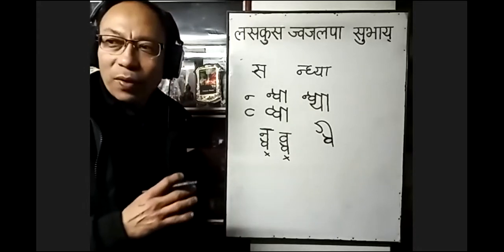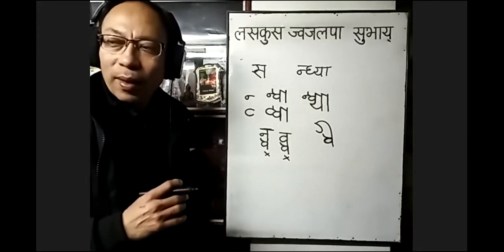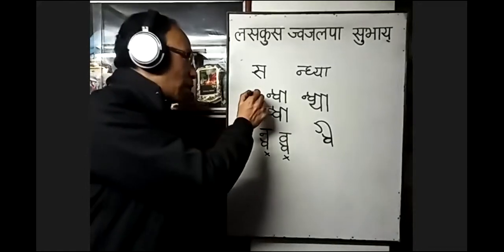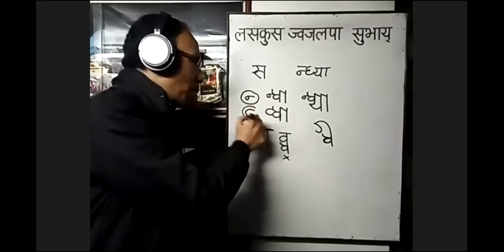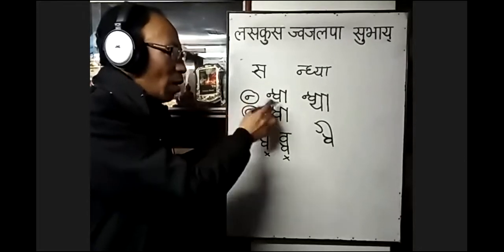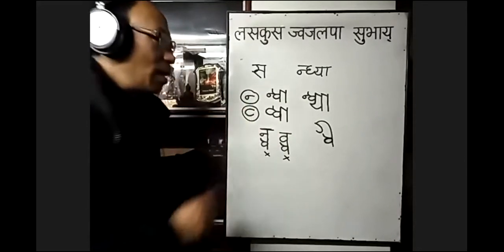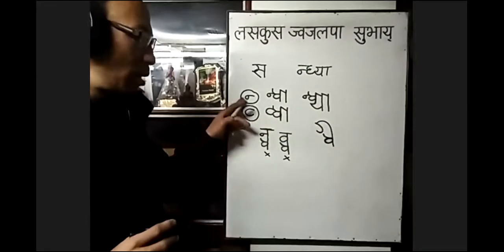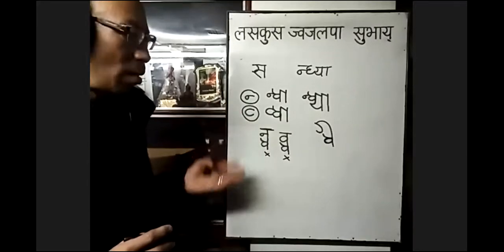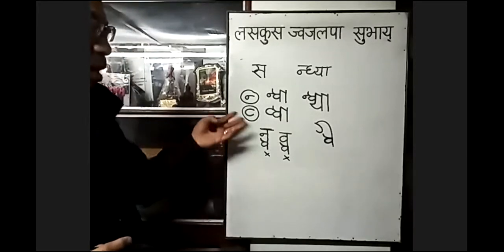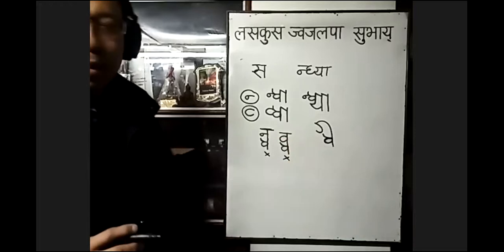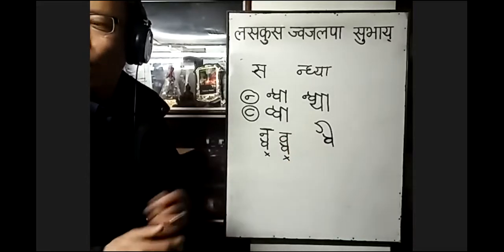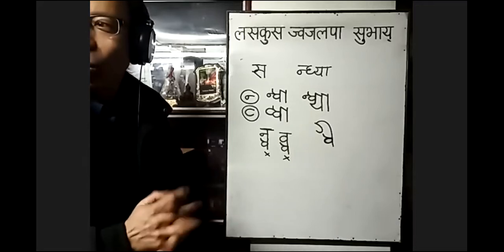So is it clear for the tha? Only these two letters, no and ba, when tha is added, are written like this. The rest of the letters you can write just like this. Okay.